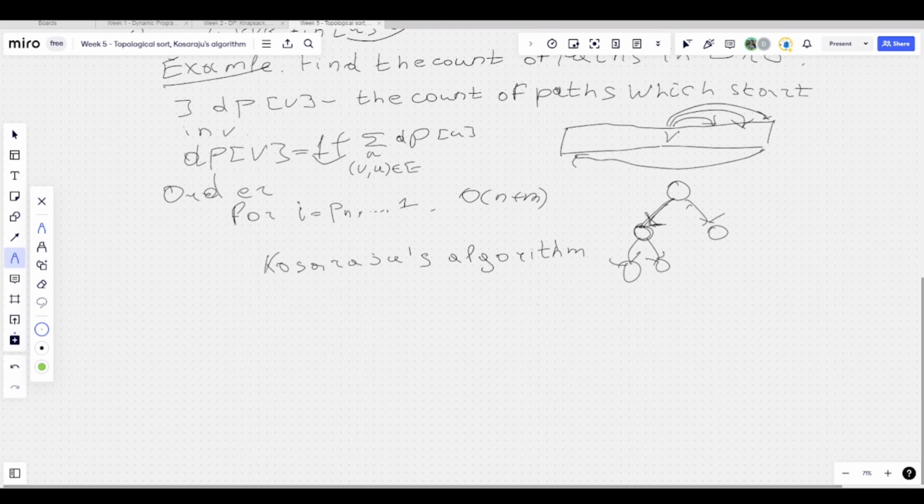I remind you that we consider strongly connected components, and in this task we want to find strongly connected components of a directed graph.